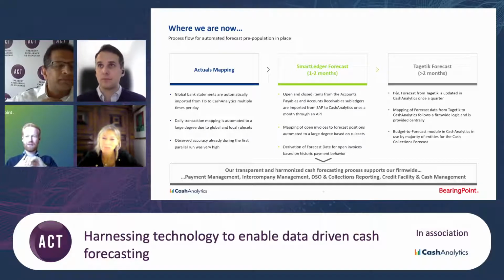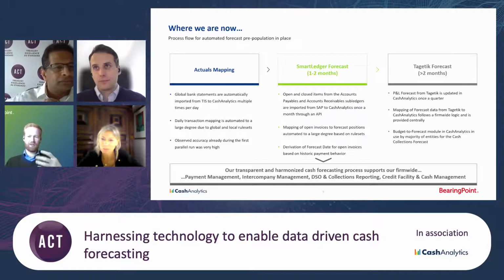But in the end, what we see is really we have each of these time horizons being supported by automated data coming in, and then we have our controllers who can now put in their own knowledge, their specific business knowledge of their local entity needs, to add in what we saw on a couple of slides ago on the left-hand side, this departmental figures, the knowledge that they have that a system can't have.